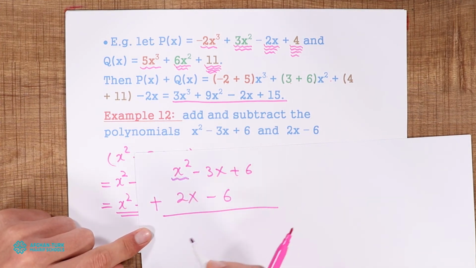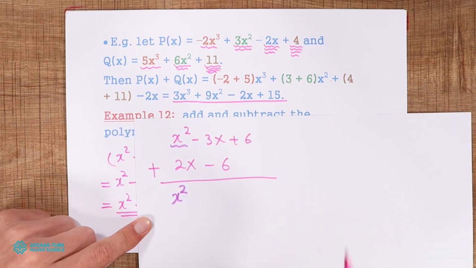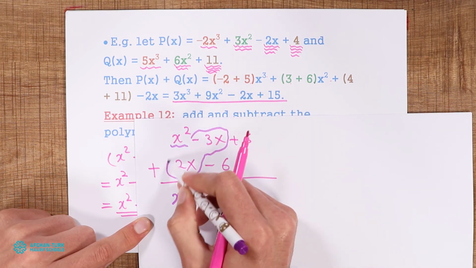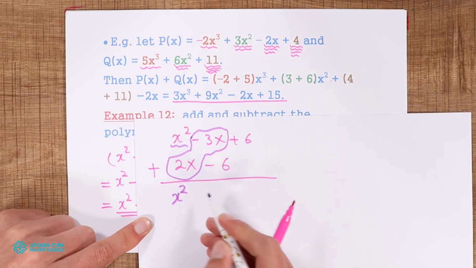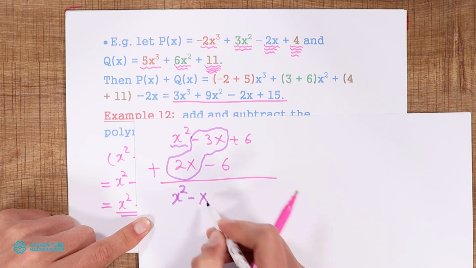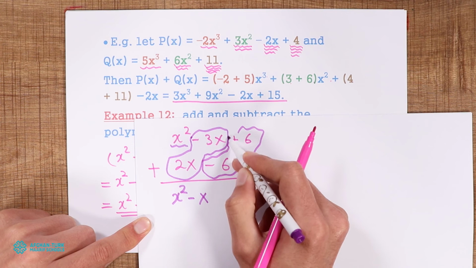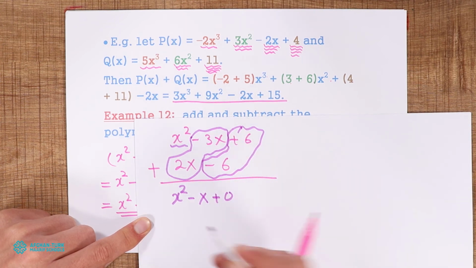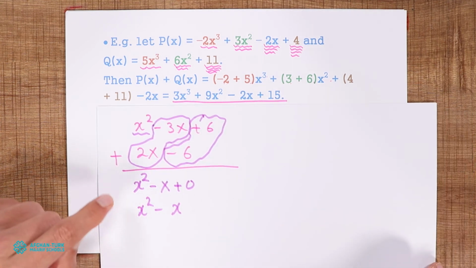X squared is greatest power, so write it by itself because we don't have x squared here. After that we have minus 3x here, and also we have 2x here, so they are like terms. Add the minus 3x plus 2x will be minus 1x, and also they are like terms. Plus 6 and minus 6 will be what? Will be plus 0. So the answer will be x squared minus x plus 0 is not important here.